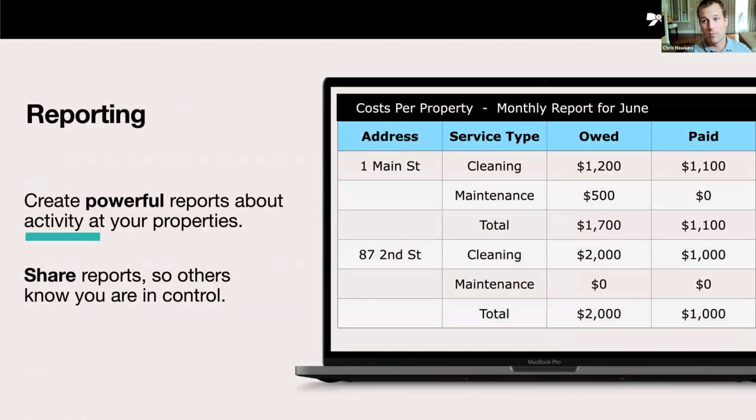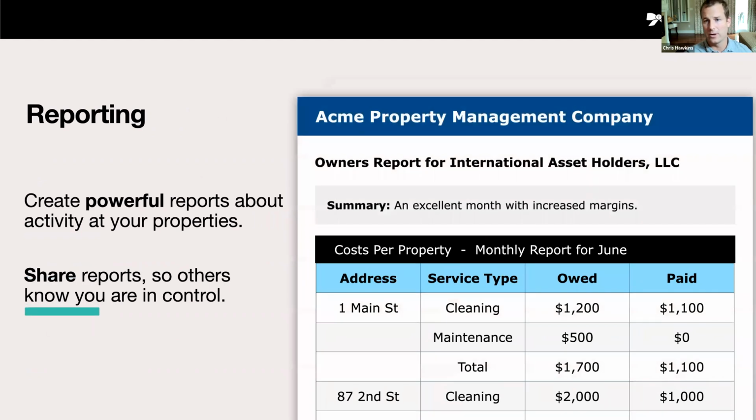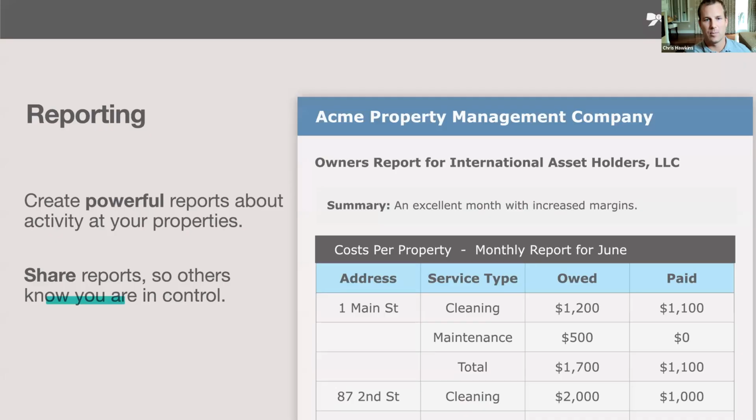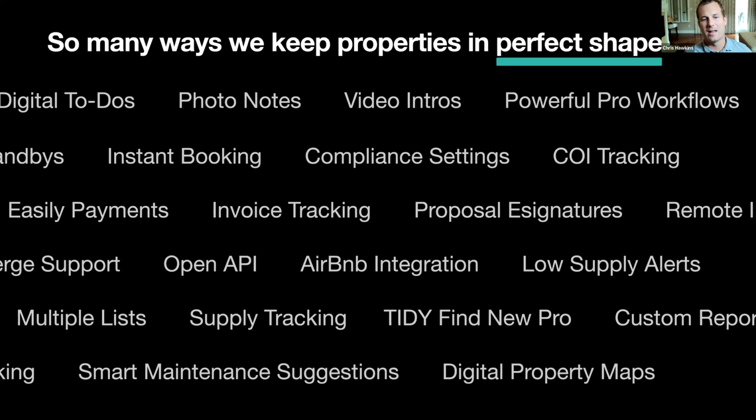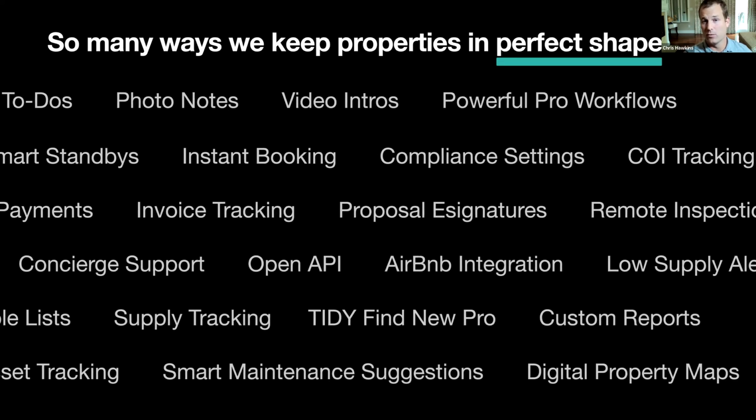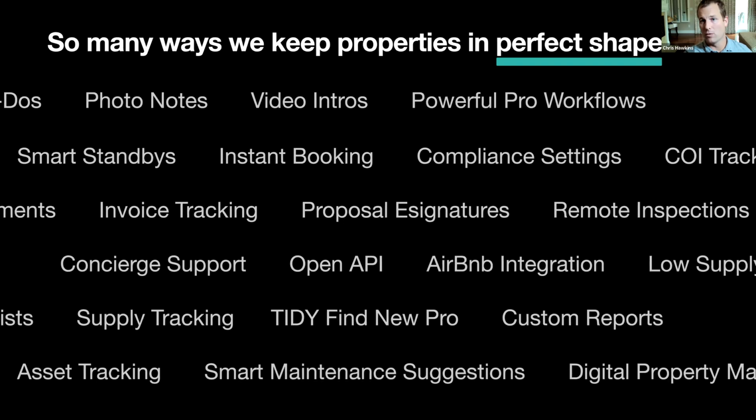You can also create reports about any of the activity going on, the costs and such, and you can share those reports with others. For example, if you're a property management company and you're trying to share that information with an owner and you want them to know, hey, I'm on top of it, you can generate reports to help with that too. We have literally hundreds of ways and features that we built over the years to keep your property in perfect shape.